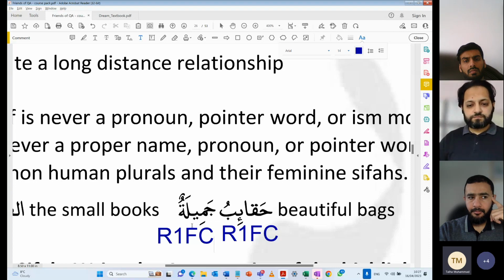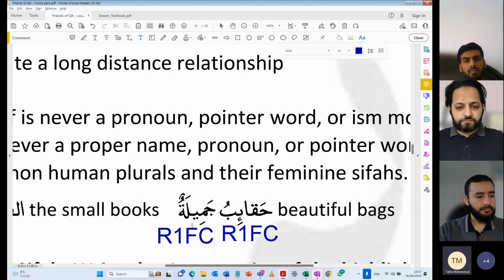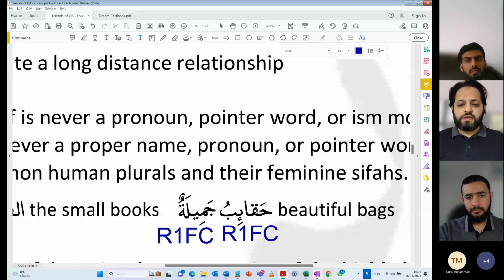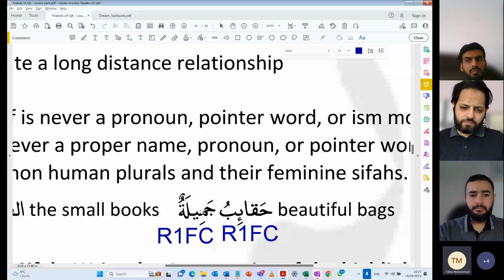So you mean that shall we start validating from the Sifah side then? You should validate from the Sifah side. Yes. Up to you, really. If you know the meanings, then of course you'll do it from here. If you don't know the meaning and you have suspicion, then you might start from the Sifah. Dr., I was just thinking, in this point it says look out for the non-human plural, right?